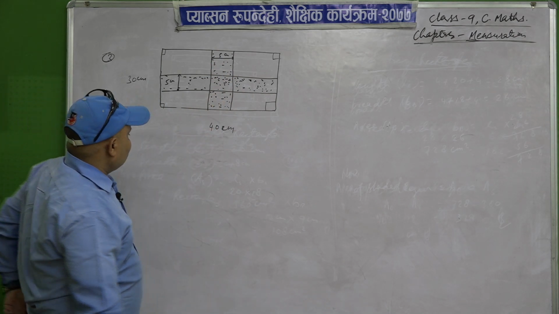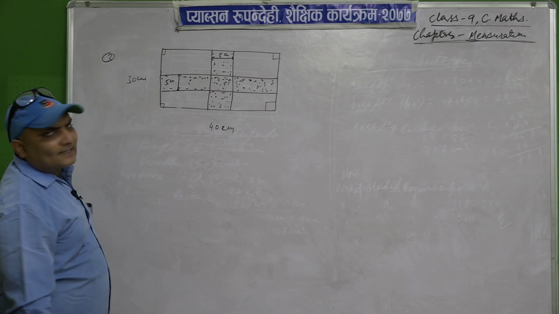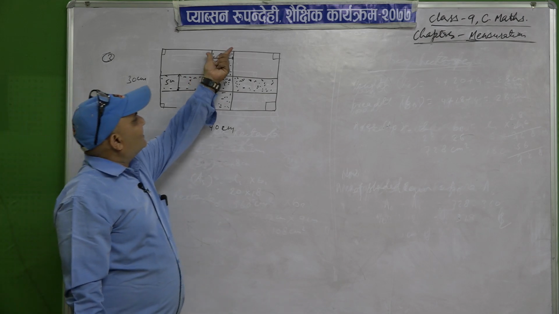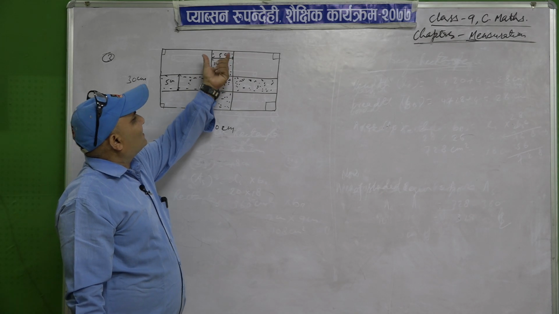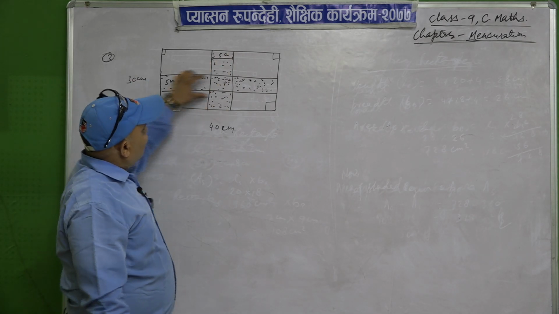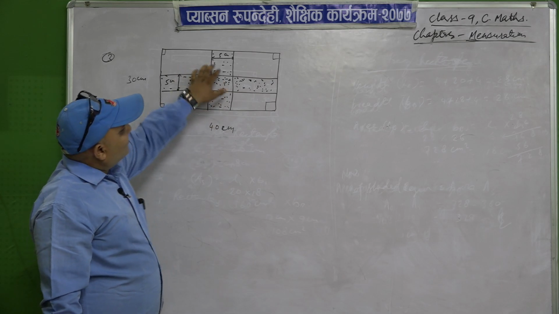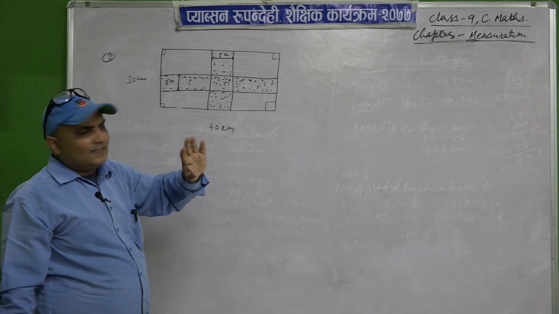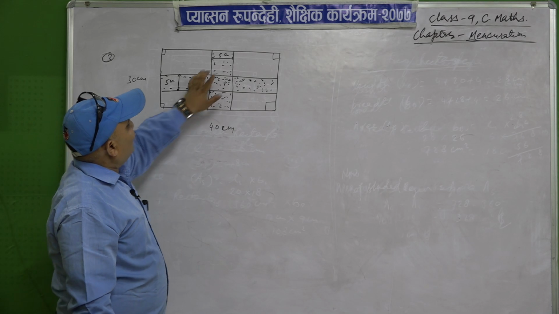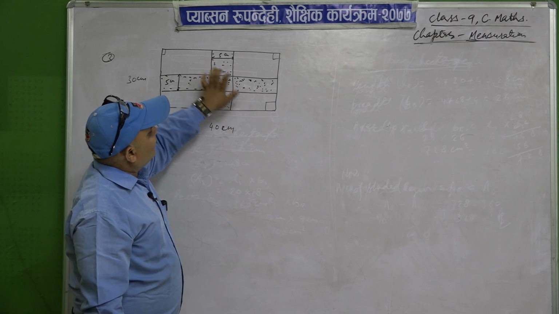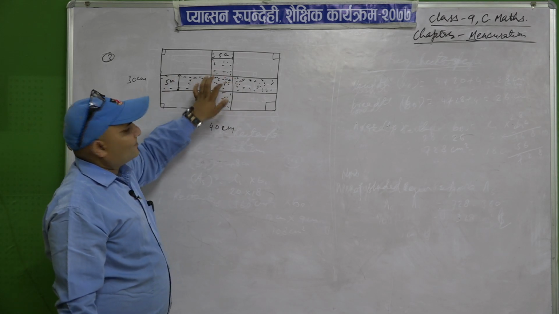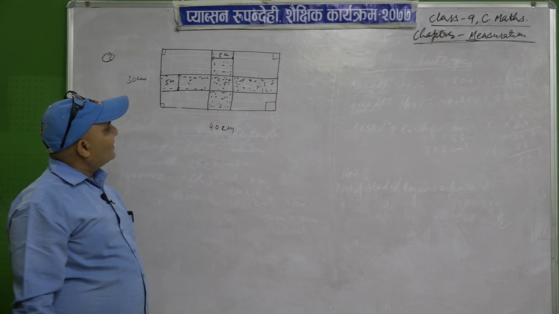Okay. Now see how many paths are there. There are two paths, or you can say roads, these two. Okay. We can find out the area of this shaded region many ways. Okay. How? By finding area of this part, this part, this part, this part, this part, and finally adding.